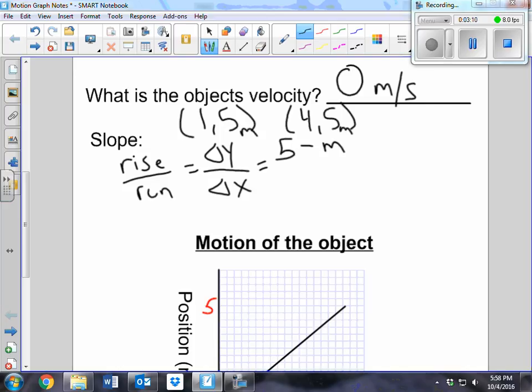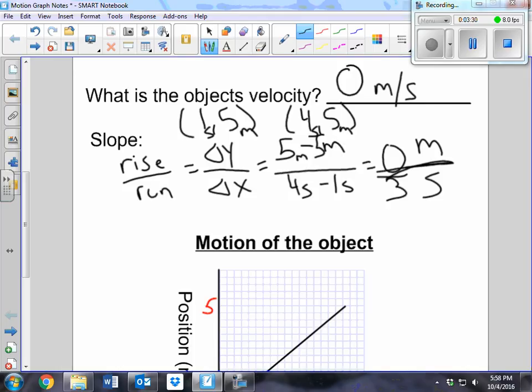So 5 meters, 4 seconds, because our x-axis is time in seconds, our y-axis is distance. So I have 5 meters minus 5 meters over 4 seconds minus 1 second, and what I really get is 0 meters divided by 3 seconds. But the numerator is 0, so it comes to 0 meters per second.